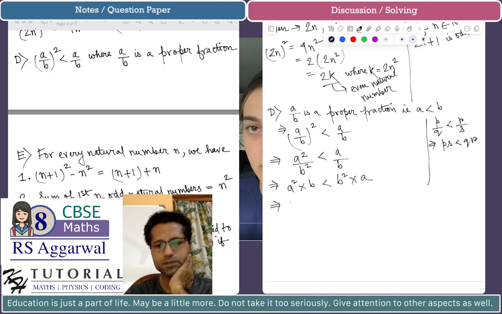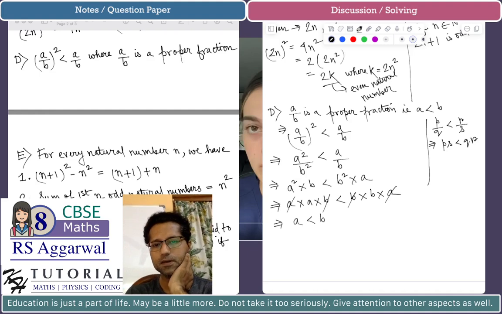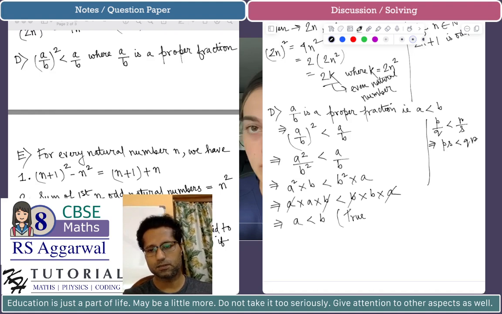So A multiplied by B is less than B multiplied by B multiplied by A. If I cancel one A and one B from both sides, what do we get? From the left hand side A remains, and from the right hand side B remains, which is true, since A by B is a proper fraction.